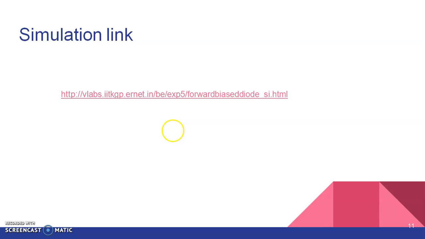And this is the link for the simulation lab for this experiment, with a link for forward bias and reverse bias also. Using the link, you can do this experiment individually.